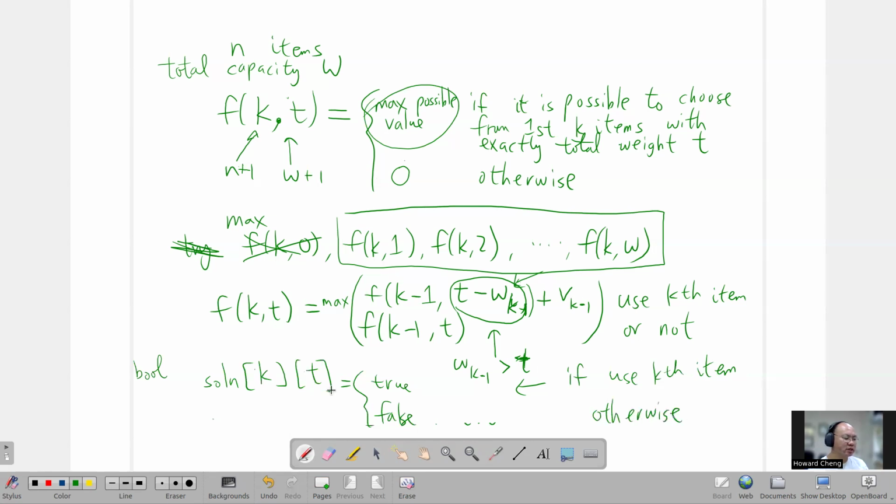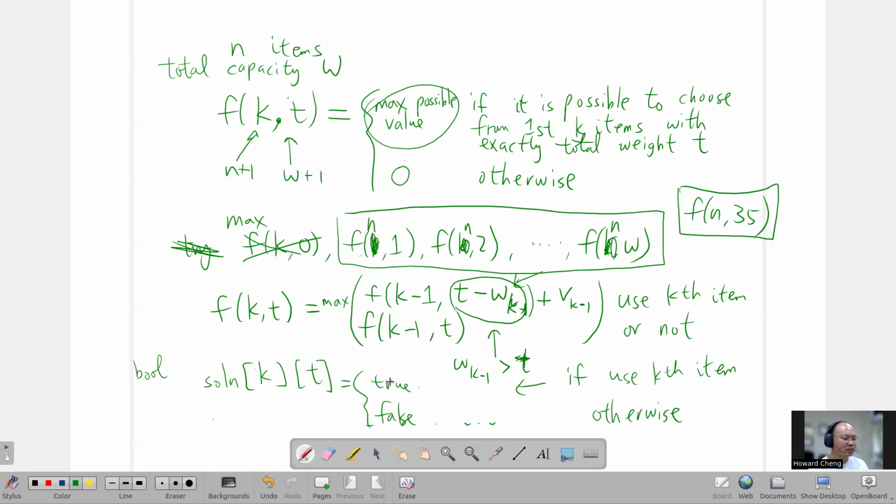And then you can use this array to figure out the items. This should be n. So you know that the best result is f of n, I don't know, 35. Okay, so you know that's the best result. So you go and look up the solution table for n and 35. It'll tell you, yes, use the kth item. So that means that I need to use the last item. So that's part of my solution.